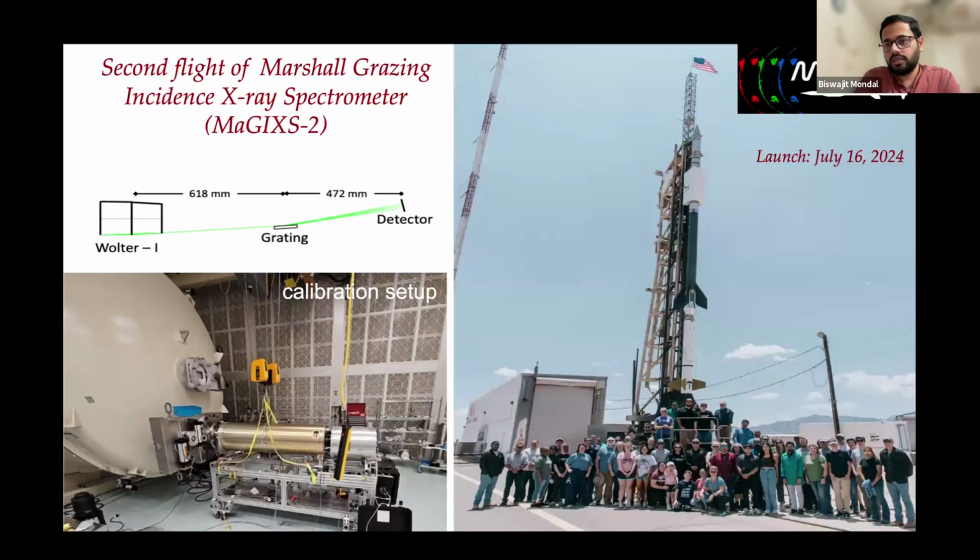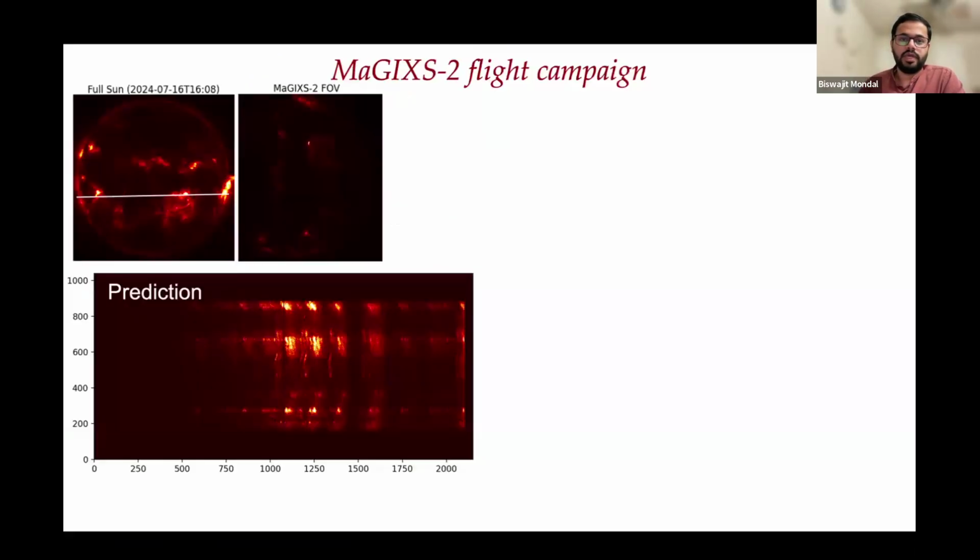It was launched on July 16, 2024, through a sounding rocket campaign. As it was a sounding rocket, we get only one chance to observe the Sun.